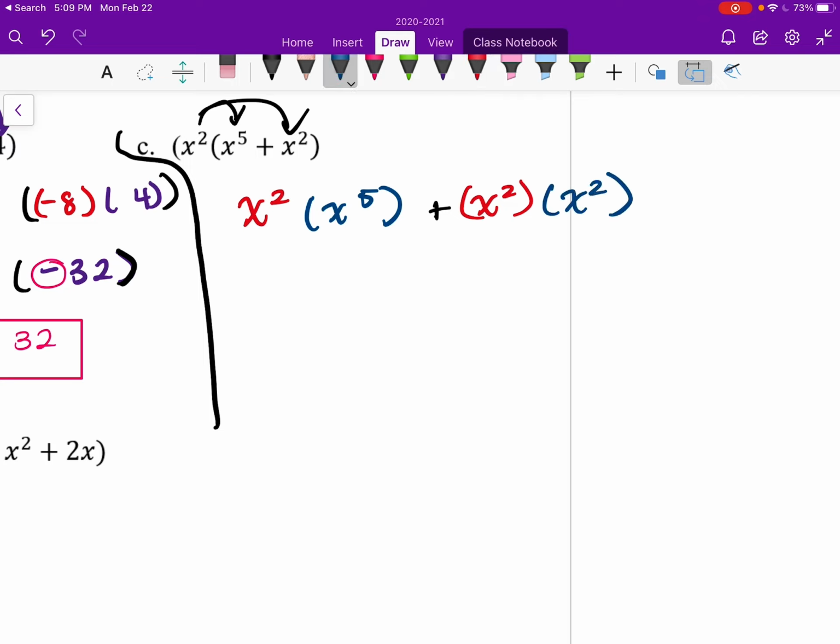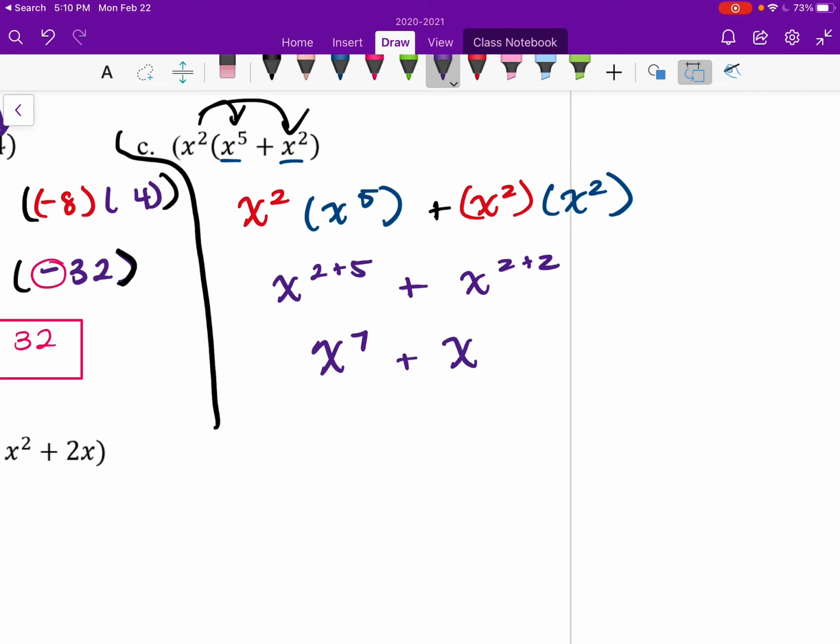Now I have x squared times x to the power of 5. Because you're multiplying them, you can just add the exponents together, so I'm going to do x to the 2 plus 5, plus x to the 2 plus 2. x to the 2 plus 5 is 7, plus x to the 4.